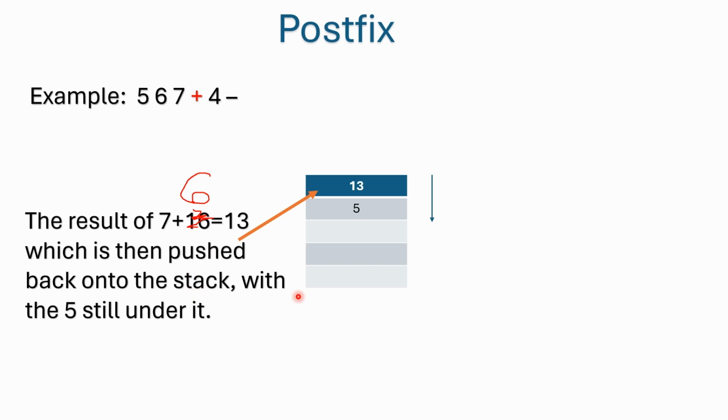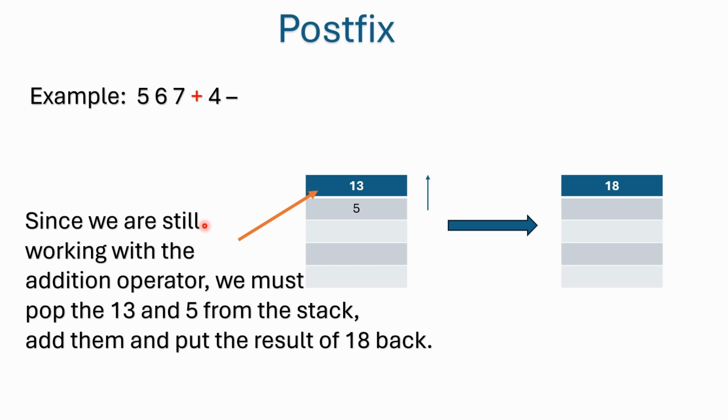All right. So next, after that, we go left to right. We're still working with the addition operator at this point. We're still adding. We're adding 5 plus 6 plus 7. So we've already added the 6 plus 7, but we haven't added the 5 yet.